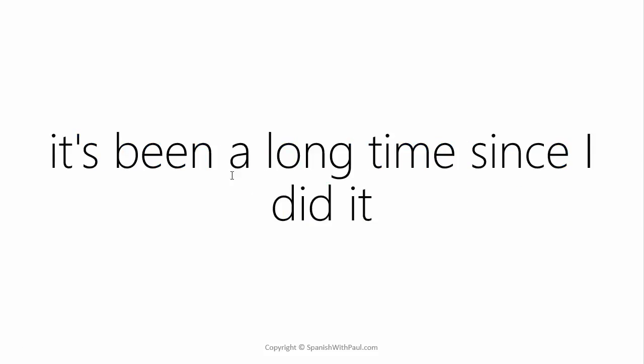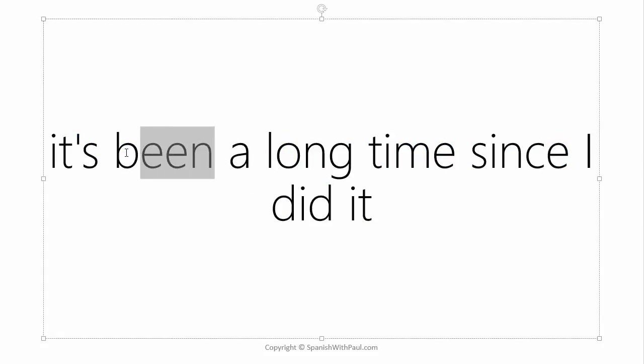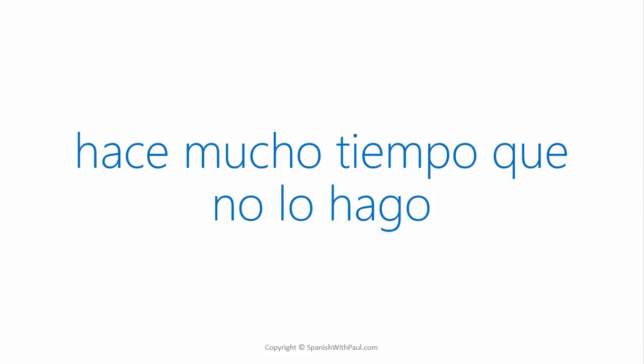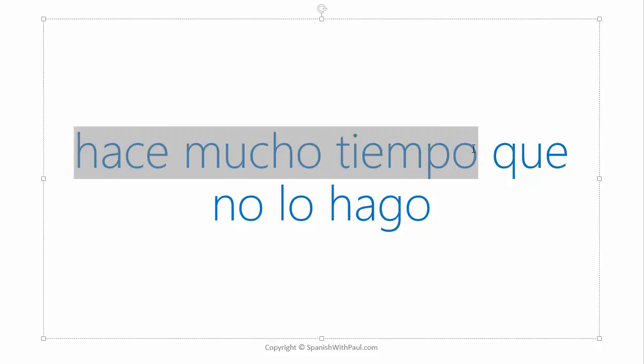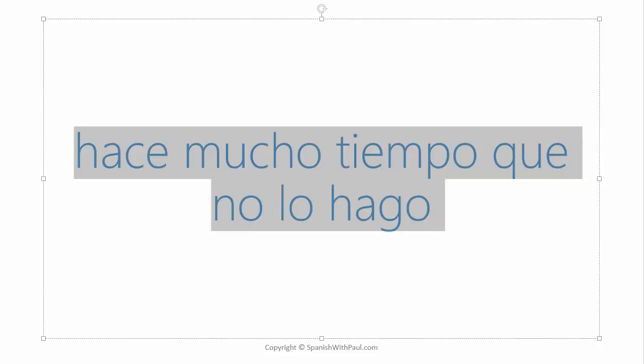If we look at this sentence, once again you see we have been, looks like the past tense, and also did it, again looks like the past tense, but in Spanish it's all expressed in the present tense. You just have to keep remembering that translation. It makes a long time that I don't do it. Hace mucho tiempo que no lo hago.